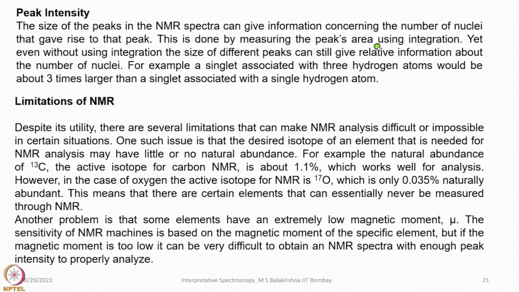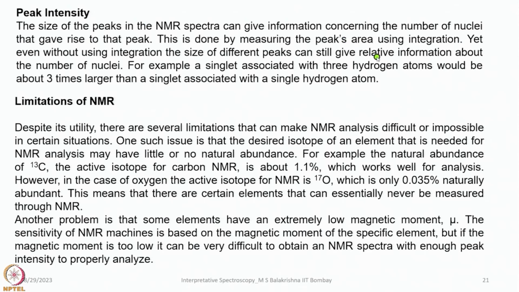Even if you don't have integration, simply by looking at the height of the peaks, we should be able to judge. But sometimes it can be misleading, and we should not just go by the height. Sometimes a broader peak has a small height but occupies a larger area, while another can still have considerable peak height. So one should be very careful about that.